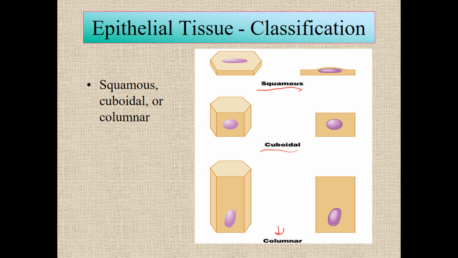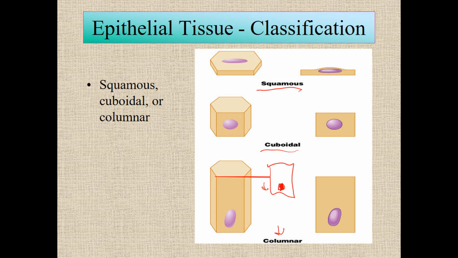And columnar will have a column-shaped nucleus. There is one exception. We can have some simple columnar where the nucleus is a perfect circle, but it is so far towards that basal surface that it is obvious that it is a column-shaped cell. So, first name tells us how many layers. Second part tells us the shape.